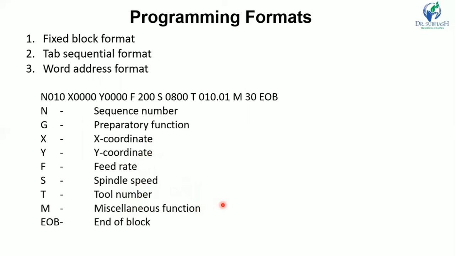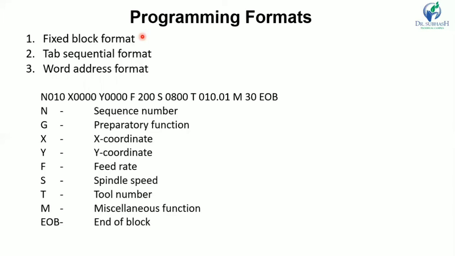In the fixed block format, the instructions are always given in the same sequence. All the instructions must be given in every block, including those instructions which remain unchanged from the preceding block.